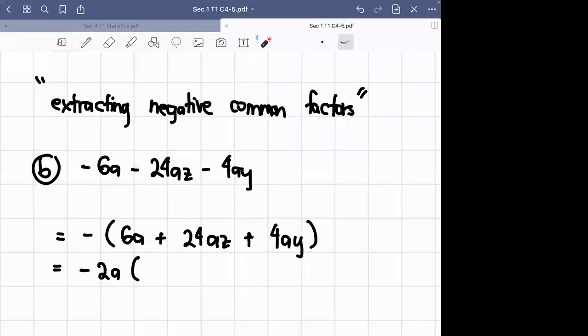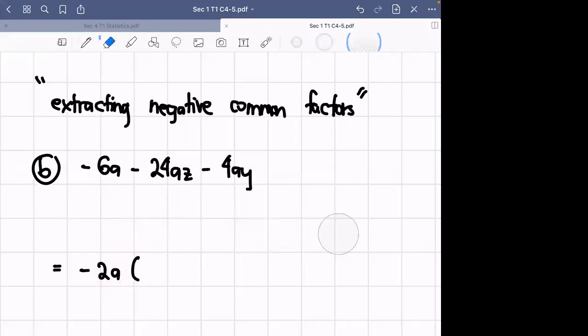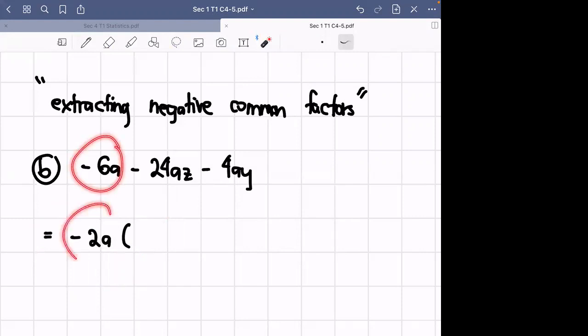So negative 6a divided by negative 2a. Negative 6 divided by negative 2, what do you get? Positive 3. And then a divided by a is gone, right?